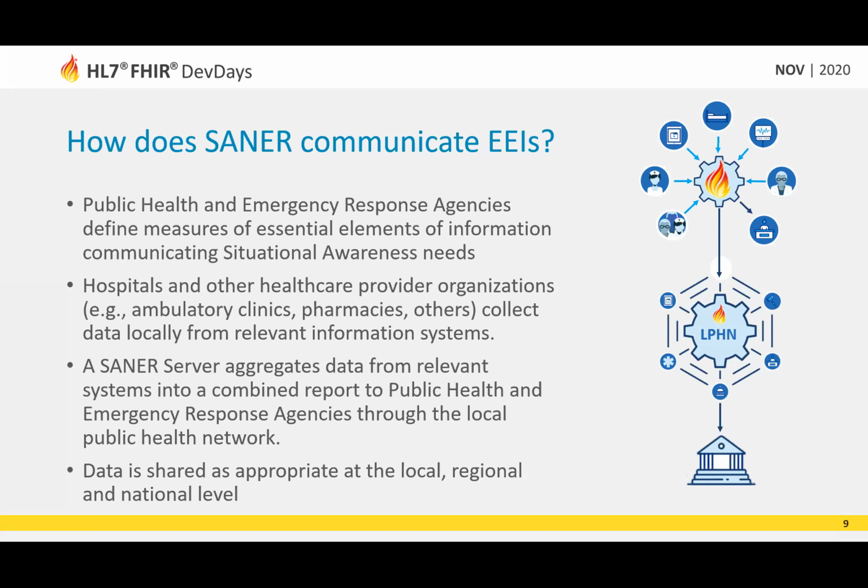So they'll define the measures, and then hospitals and other healthcare provider organizations, clinics, pharmacies, et cetera, will be able to look at those measures, collect that data locally from relevant information systems.